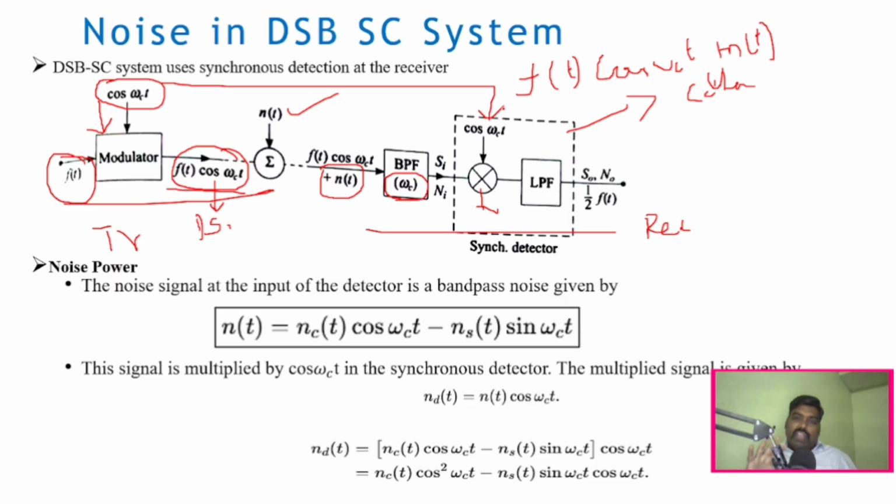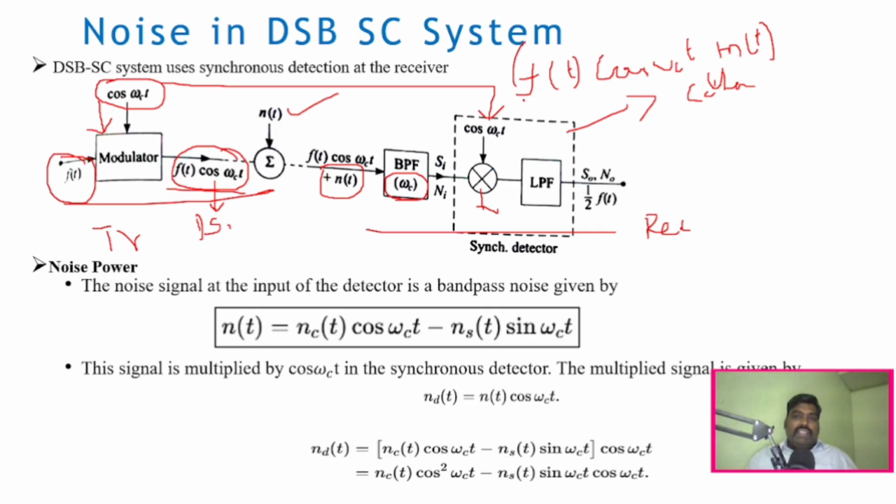In other words, it is detection which happens with the knowledge of the carrier signal. If the detection happens without the need of the carrier signal, then that is called non-coherent detection. Here, it is coherent detection because we use the same carrier signal.